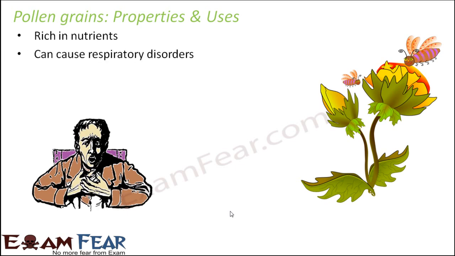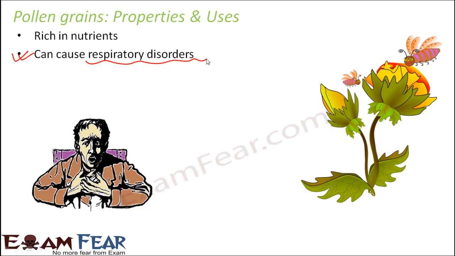They can cause respiratory disorders, and quite a few people have pollen allergy. If you have not seen pollen grains very closely, you can actually try seeing them. If you take a hibiscus flower, which is also known as the China rose, the red colored flower, and you pick up the tip of the filament, you will see a very small, extremely tiny, yellow colored powdery substance.